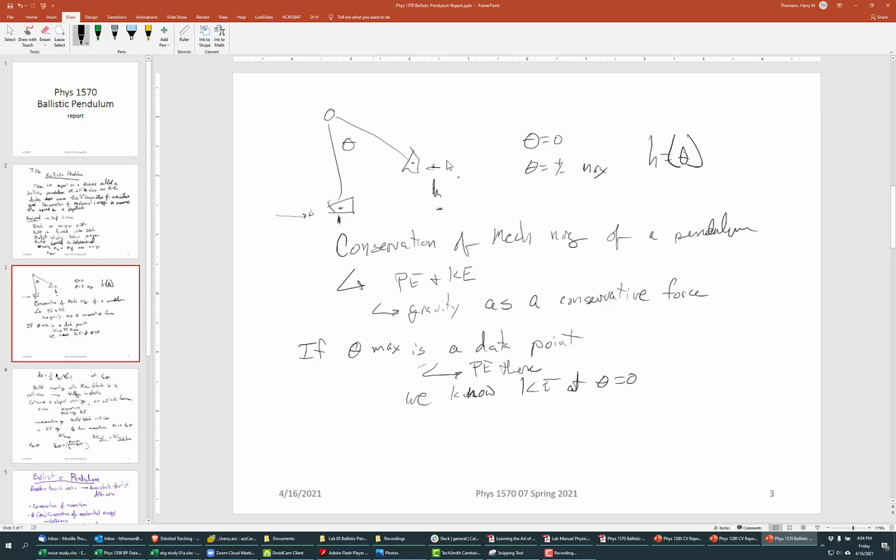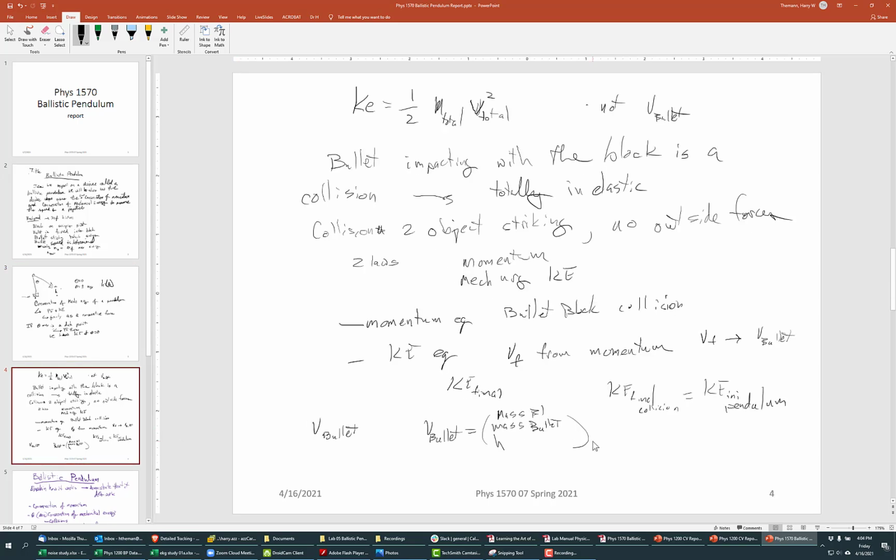Or at least, no, you don't get rid of the angle. What you do is plug in theta because you measure it. So at some point, with all these steps, you're going to have an equation with the speed of the bullet, and all you have to do is plug in the mass of the bullet, the mass of the block, and theta, the angle, so the height. And I think that's it.